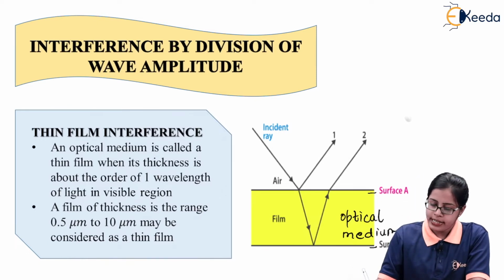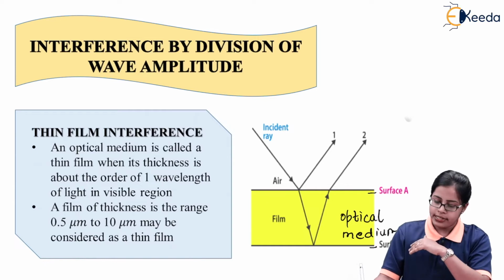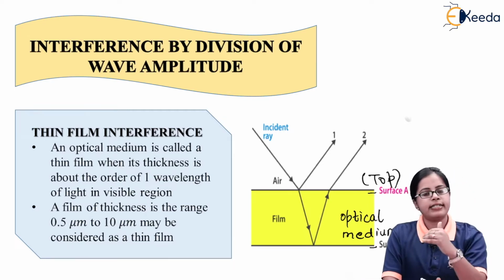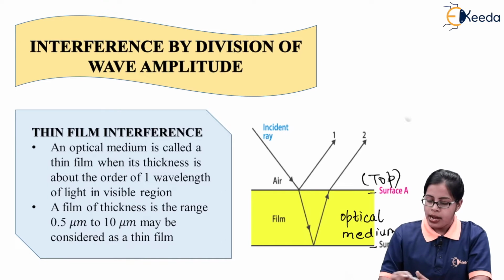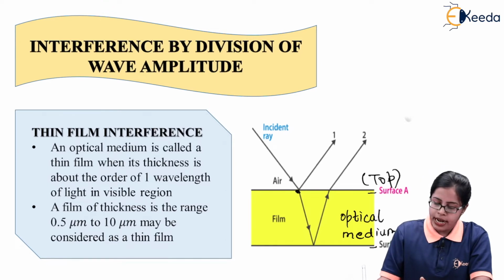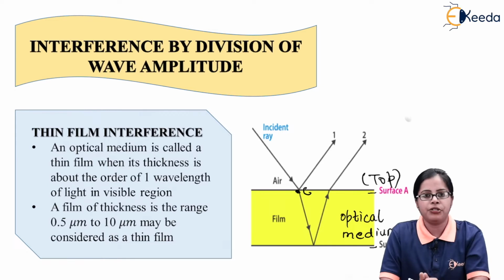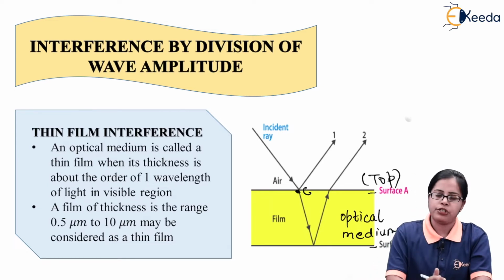Secondly, as you can see, I have considered the optical medium as a thin film having two surfaces: surface A behaves as the top surface and surface B behaves as the bottom surface. Next, there is an incident ray which is coming and meeting the top surface at point C, and at point C the incident ray is undergoing partial reflection and transmission.